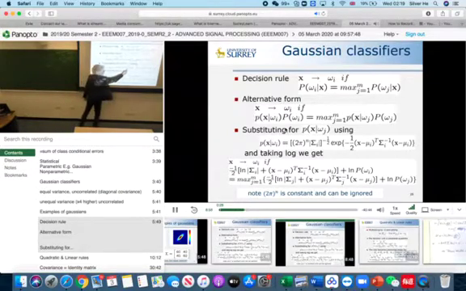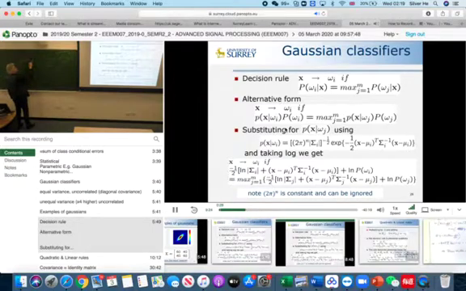So things like this term here, if I write it out on the board in another way, P of x given omega i is 1 over 2 pi to the n, sigma i determinant, square root of all that, times e to the minus a half x minus mu transpose sigma to the minus 1 x minus mu.